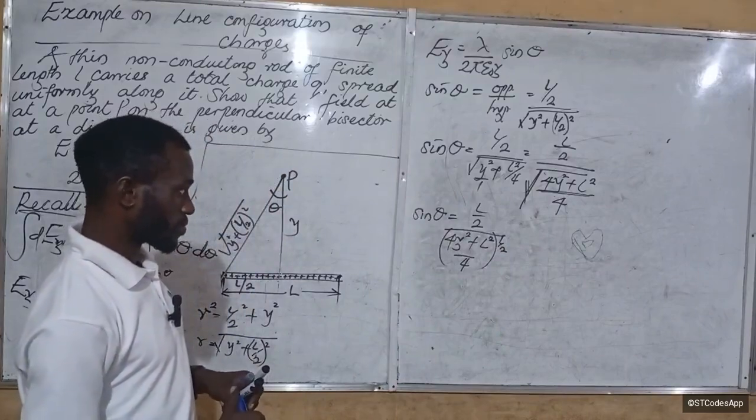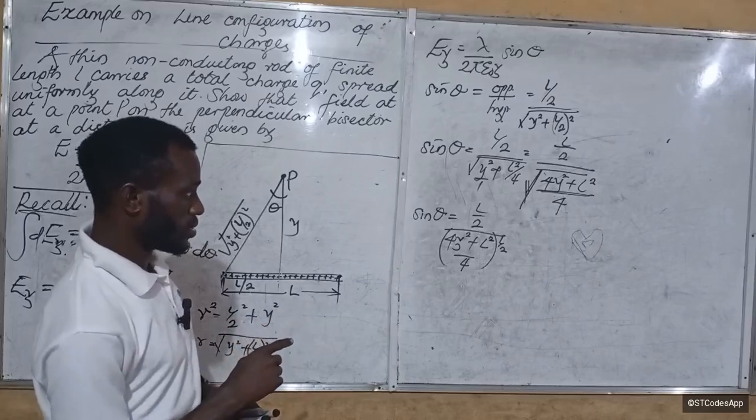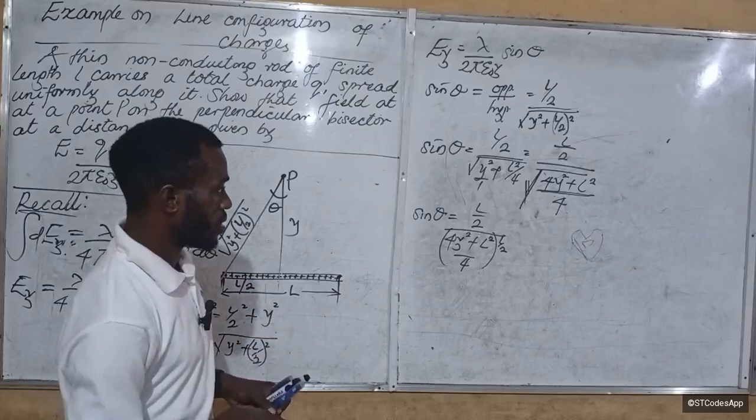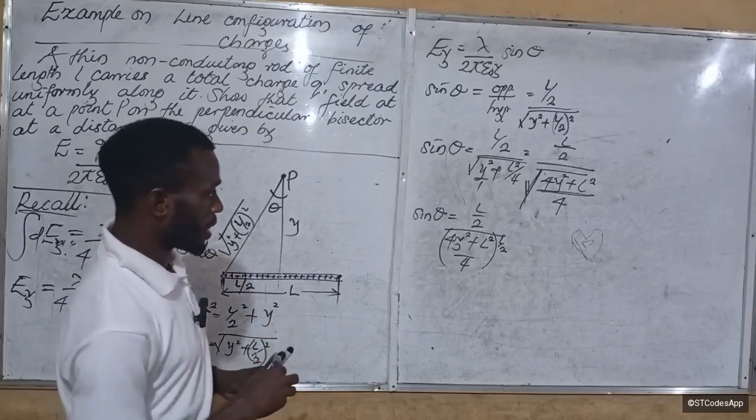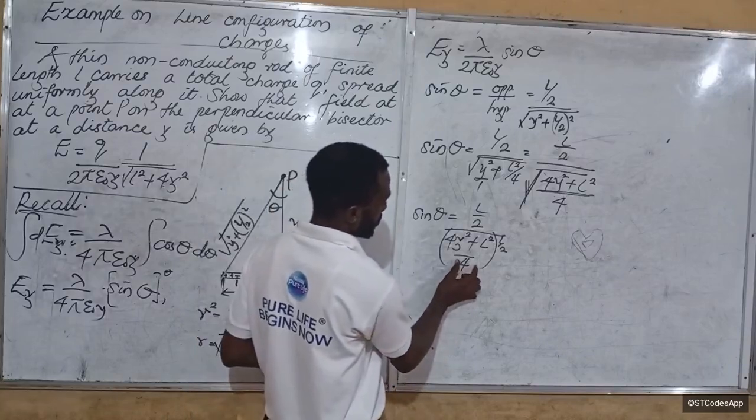Okay, so if this be the case, then we know that we can take the square root of this guy, right?